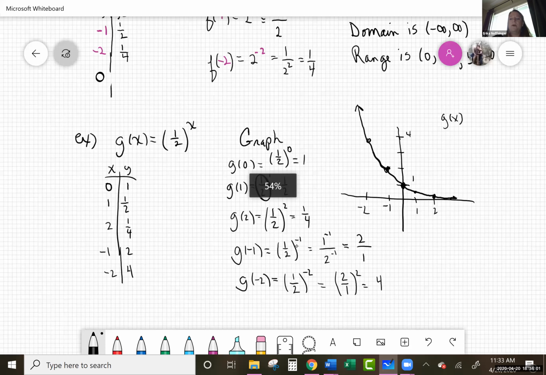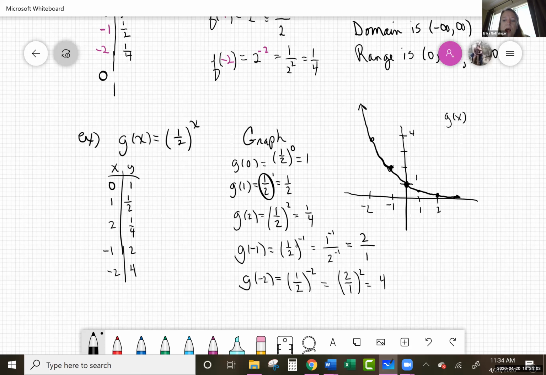So my domain, I don't have any problems. My domain is all real numbers. My range is the same as the other one. It has to be bigger than 0, or 0 to infinity.